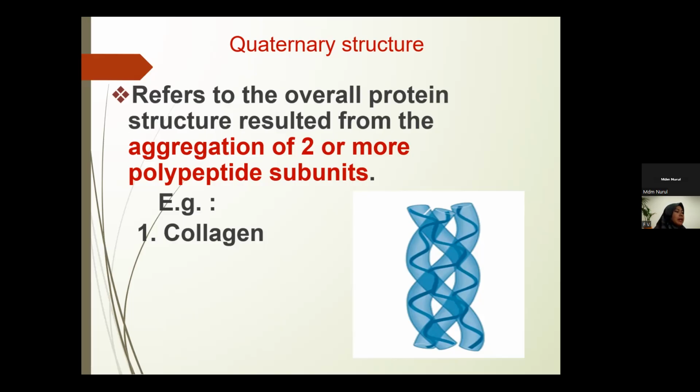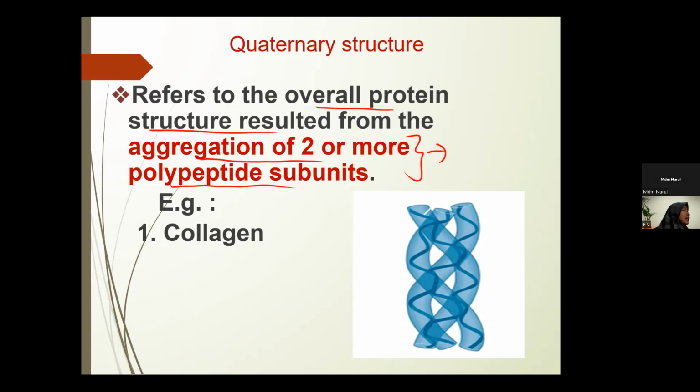Okay. Quaternary structure of protein refers to overall protein structure. Sama juga, maksud macam tadi, menunjukkan keseluruhan bentuk protein yang dihasilkan daripada aggregation of two or more polypeptide subunit. Apa maksud ayat ni? It resulted from aggregation.